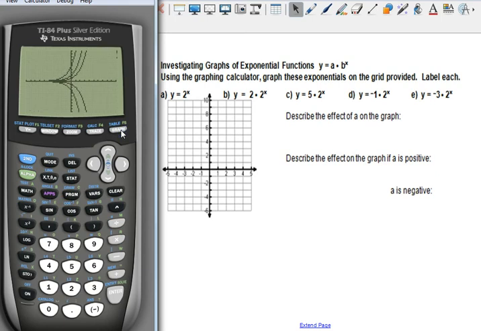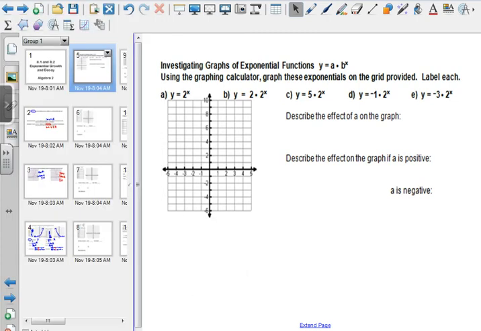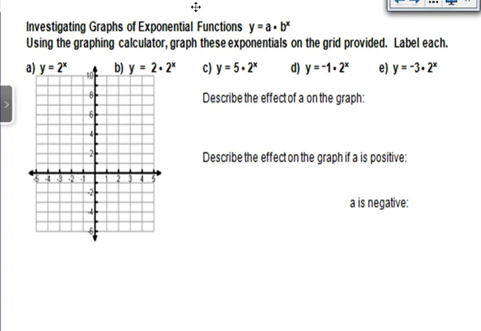There you go. So the question I have now is, with all of those graphs, can you tell me what is true about the effect of the value for a? Now in the general formula, the a is the number in front of the base. So remember b, c, d, and e, they all changed. And I think we can all agree now that the a value is going to affect our y-intercept.